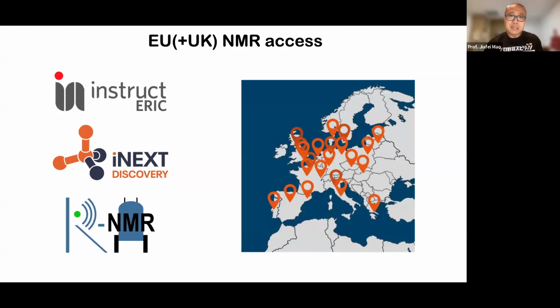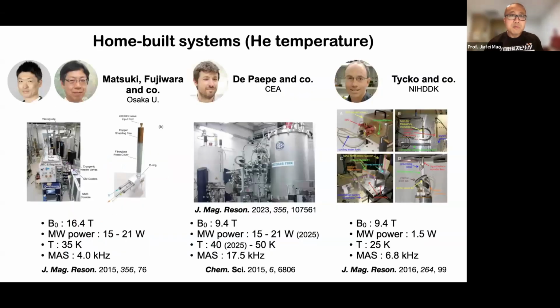I think in United States, there are also national laboratories which can provide access to many, many users. I would mention actually there are also a number of very exciting home-built systems. I just listed a number of them. They are actually very exciting because they can go down to really, really low temperature using helium cooling.